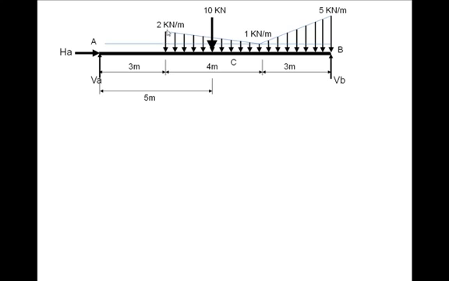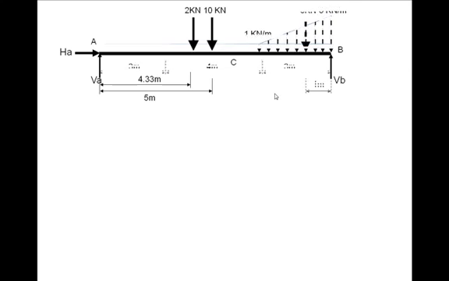This vertical distance is not 2 now, because 1 we already took care of, so it is 1. So it is 1 into 4 by 2, and here it is 4 into 3 by 2. Accordingly, we have put here the loads 6 and 2, and the distances are at the centroids of those respective triangles.